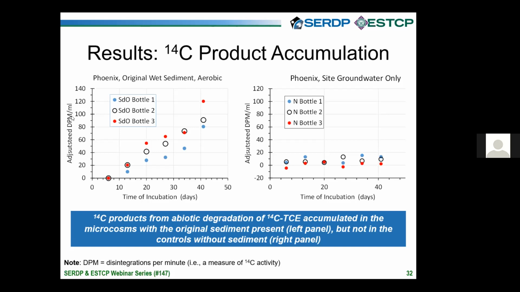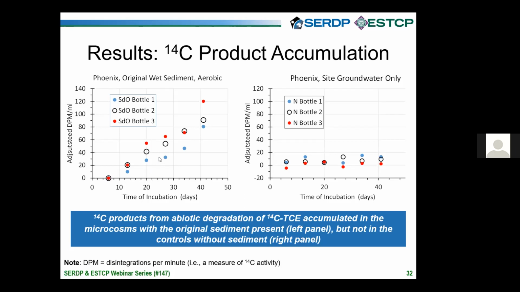So the way that you measure C14 products is in an instrument called a liquid scintillation counter, and that reads out in units of DPM, and that's what we're plotting here. And then we run the assay over a 6-week period, 42 days. We found that that is adequate for us to establish a robust rate.